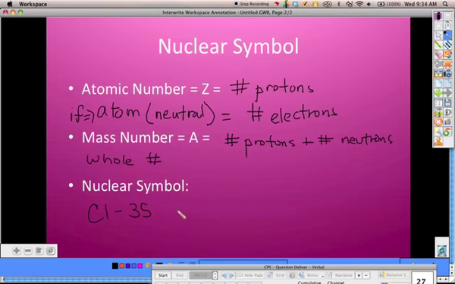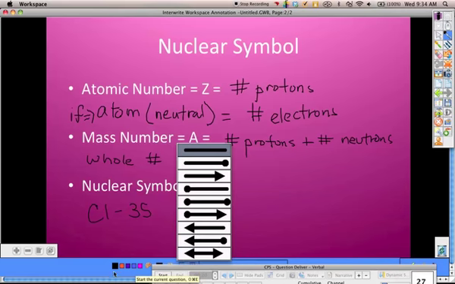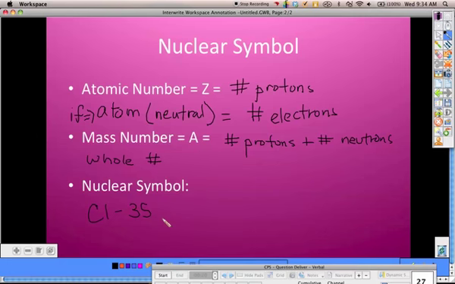It's a little hard to read, sorry. I start out by writing the symbol for chlorine. I'm going to write the mass number A on top, my Z number on the bottom, and my symbol. I'll do S for symbol. That's my general format.